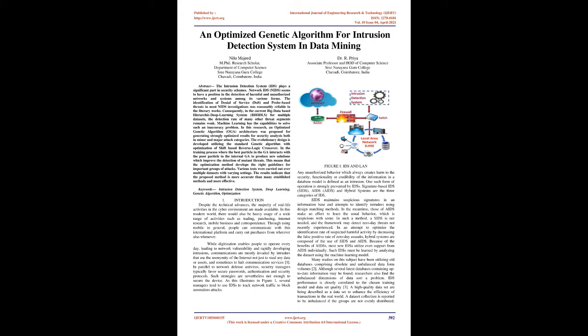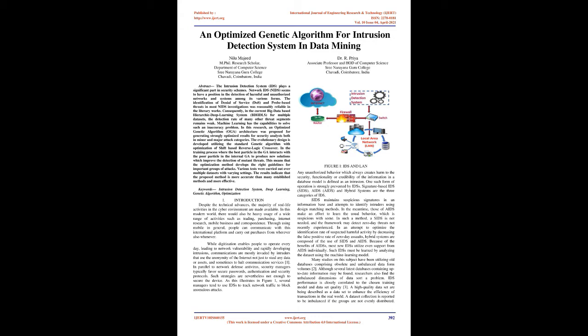While digitization enables people to operate every day, it leads to network vulnerability and rapidly developing intrusions. Communications are mostly invaded by intruders that use the anonymity of the internet not just to steal data or assets, but sometimes to halt communication services.